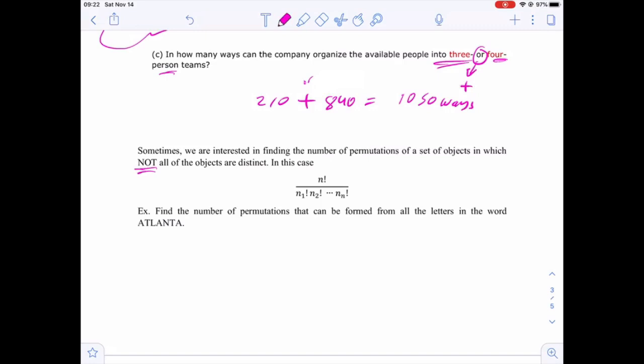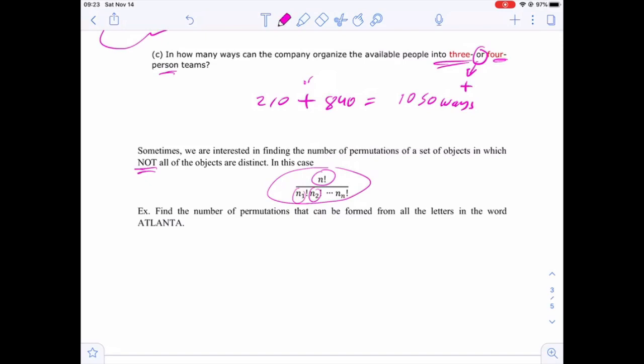So we have n factorial, that's the total number or the sample size, and n1 is the number of objects who look alike or have a certain property, and n2 is the number of objects who have a certain property or look alike, and so on. So we find it this way: n factorial over n1 factorial times n2 factorial up to n sub k factorial.